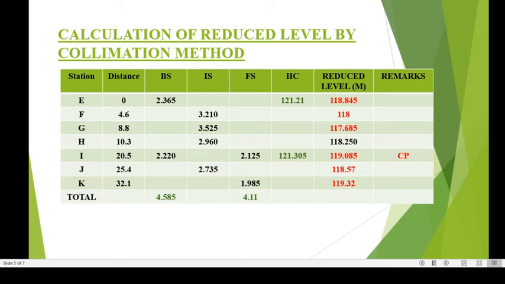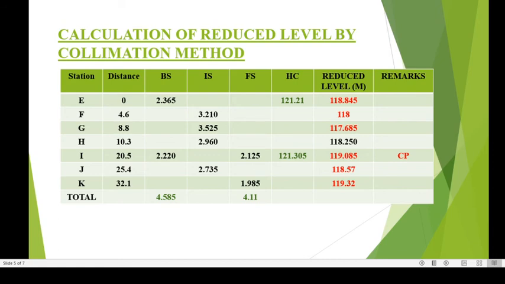Then for the reduced level of station G, we will subtract 3.525 from 121.21, the height of collimation at station E, and we will get the value 117.685. And the reduced level of station H is already given, which is 118.250. Now we need to calculate the height of collimation at the change point.